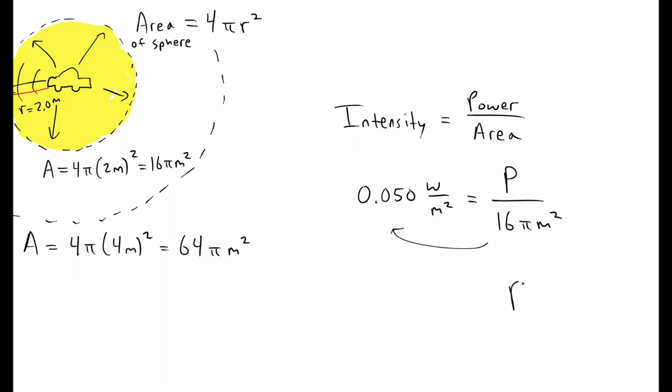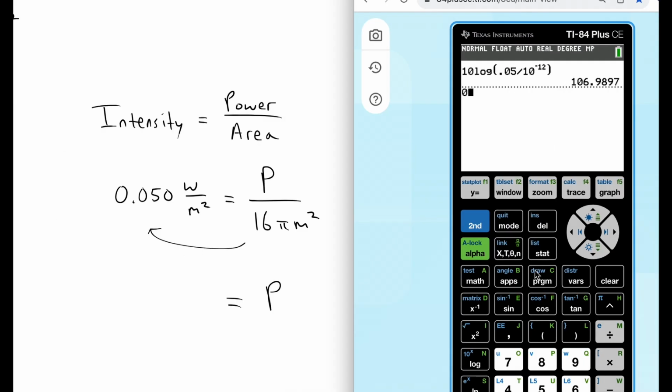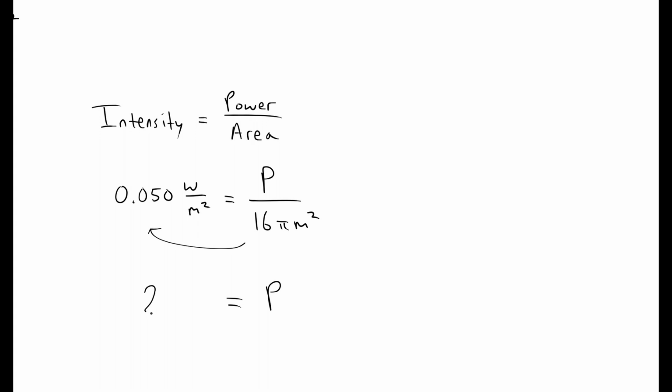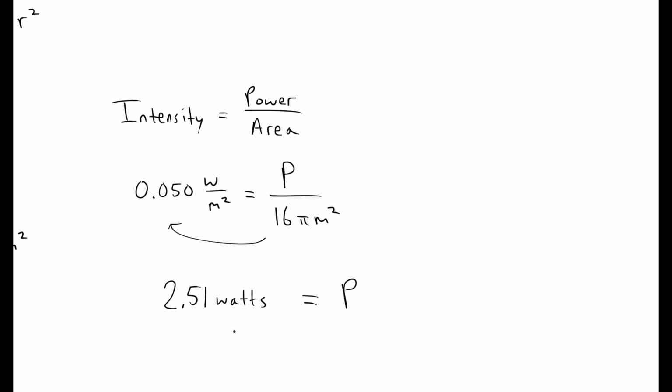Multiply across and we'll find the power that the horn is emitting. It's 2.51 watts. Watts is a unit of power.